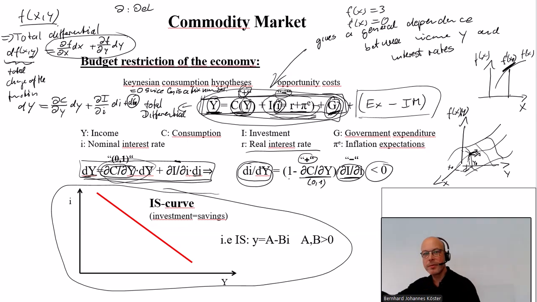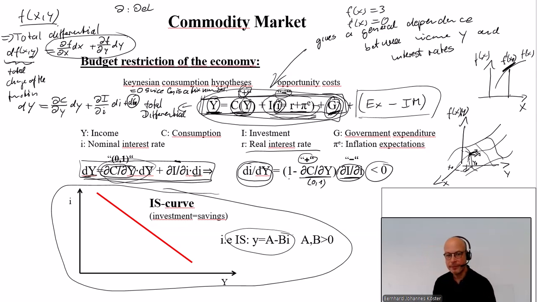We can assume that in general, this IS function representing the commodity market equilibrium is just a falling function. And if we want to model this linearly, then we could use a linear function. But this would be again a special function. Okay? Hopefully you remembered a little bit. Now we did it from a theoretical basis in the mathematical way to derive it.